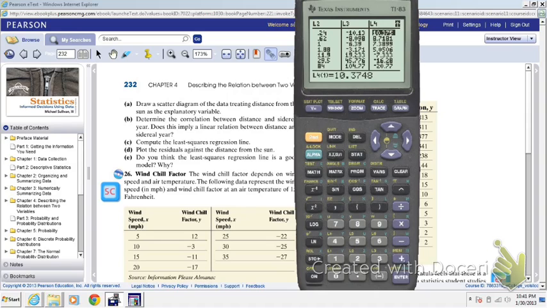So my x variables were in L1. So second stat plot, hit enter, and I have scatter plot highlighted. L1 is my x data, but L4, because I'm plotting against those residuals. Notice I told it L4.